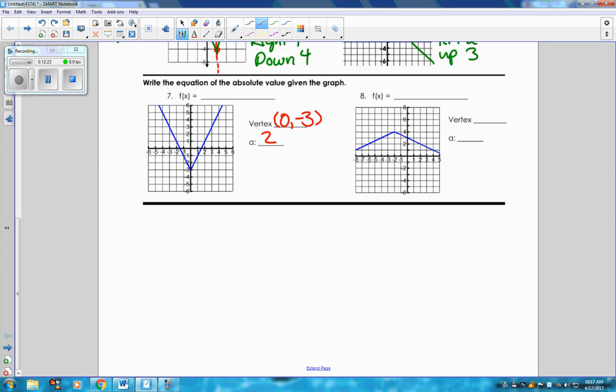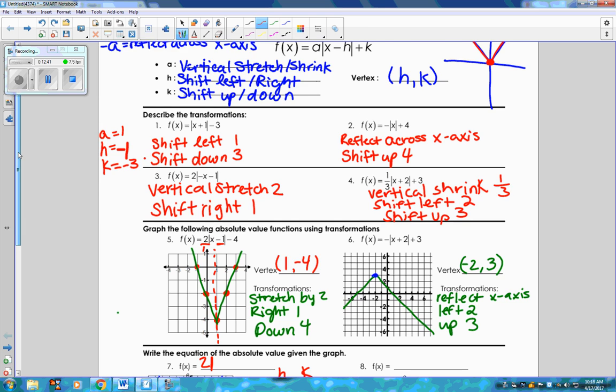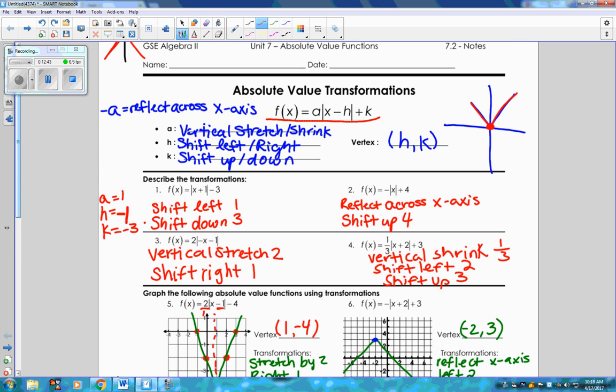If you can find those 3 things, then you can list the function. Because this is h and that's k. So since a is 2, I'm going to write 2 with the absolute value sign. Because I'm going back up to the top of my paper where I'm given this. I'm just filling in A, H, and K into this formula.